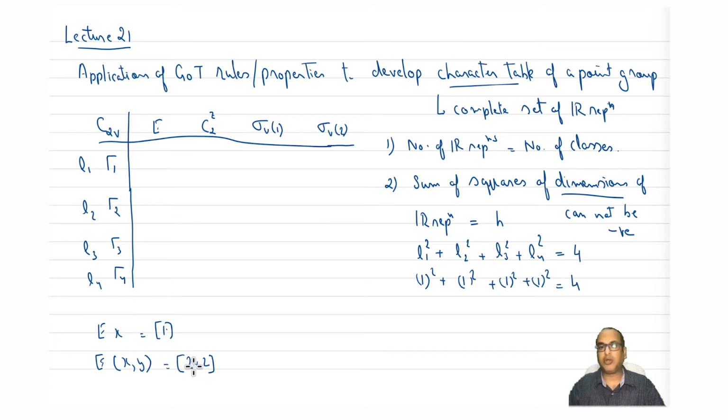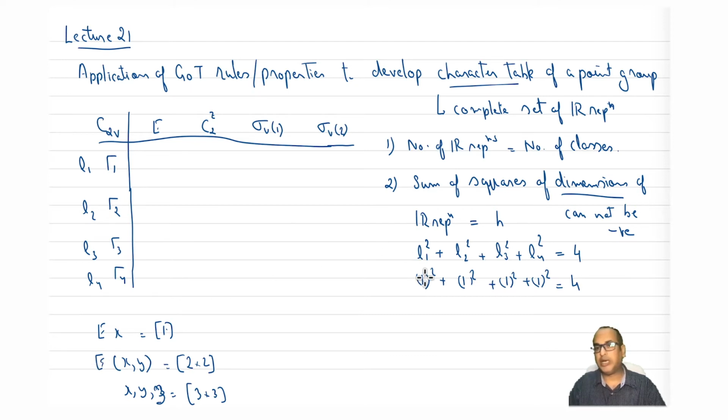If I'm getting a 2 cross 2 matrix, the trace is 2 and that is the dimension. If I have a basis set X, Y, Z, that is 3 basis functions, I will get a 3 cross 3 identity matrix for which the trace will be equal to 3 and the dimension will also be equal to 3. So the trace under the operation E represents the dimension.